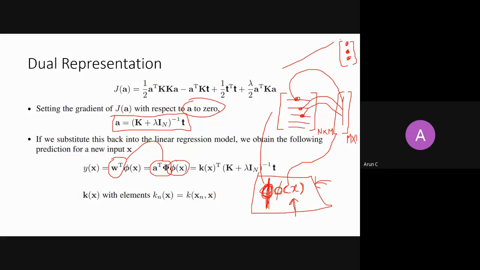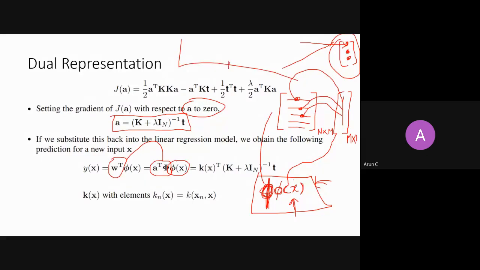So in this n into 1 output vector, each entry tells you how similar your predicted x is to that sample x in the data set. If you have n samples in your data set, you are taking the similarity one by one with the point where you want to predict. So just see it here intuitively.